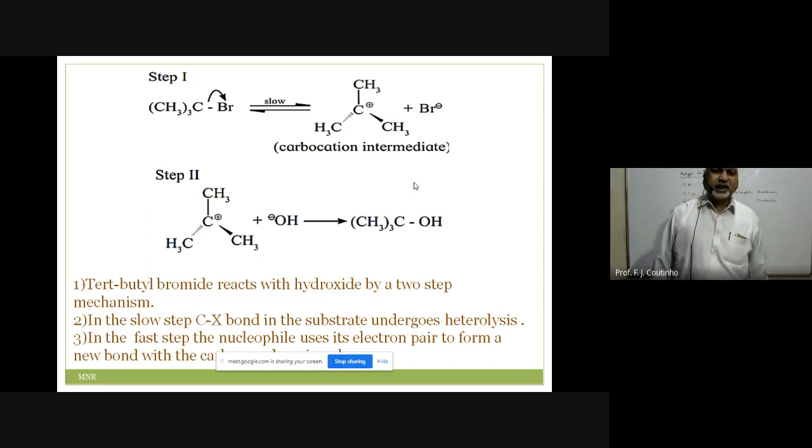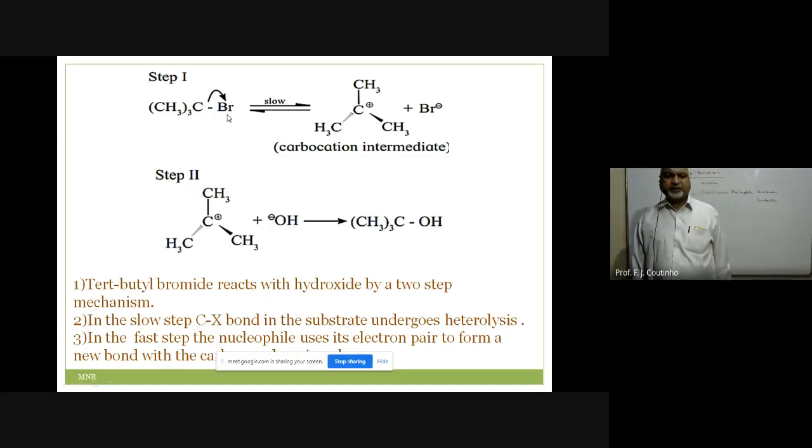That is, how is the reaction taking place? In the first step, (CH3)3CBr, that is tertiary butyl bromide, undergoes a very slow step. In this, there is a breaking of the carbon to Br bond, and as such, a carbocation is formed as an intermediate.